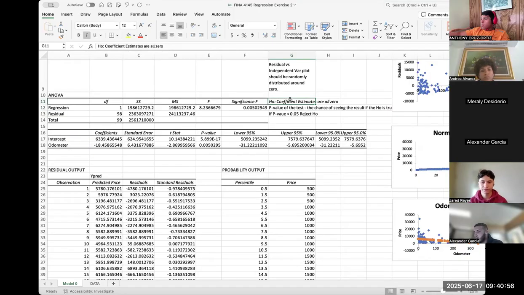It was unlikely to see the result if the null was true. So our null hypothesis is an assumption, our assumption failed, so we reject the null hypothesis. In essence, it means this coefficient here is not zero.